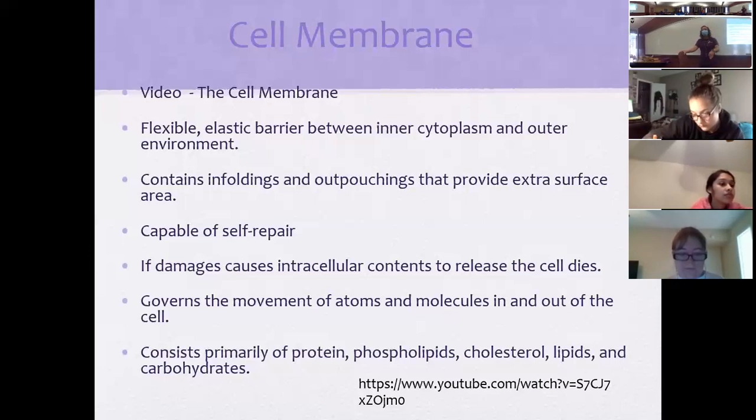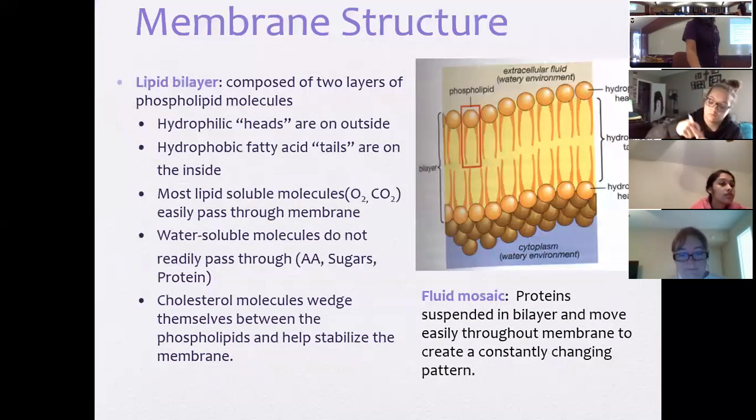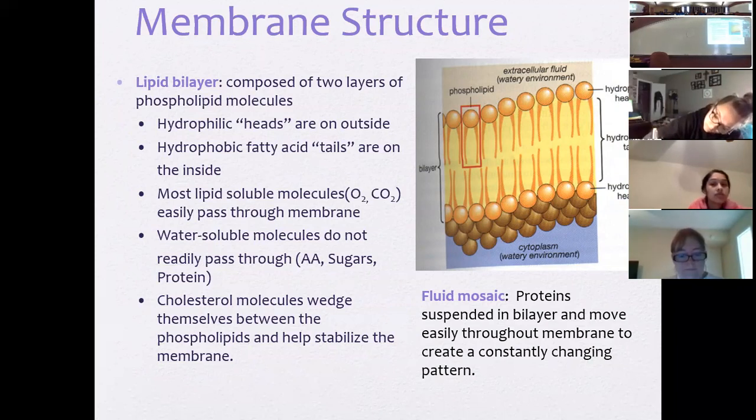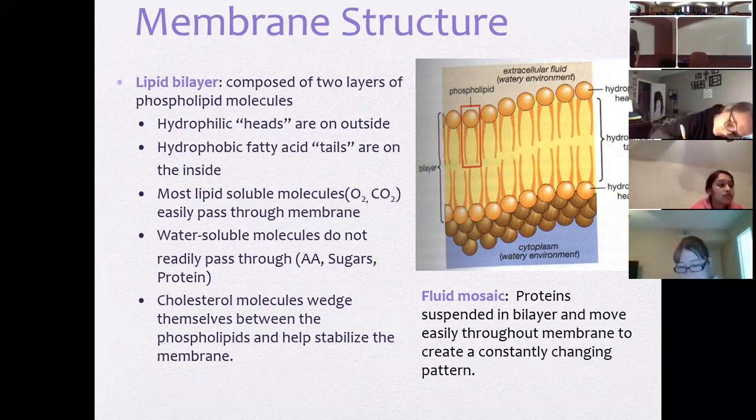Love a fight, terrified of a fight. So there's our hydrophilic heads on the outside, hydrophobic tails on the inside. Imagine here's my buffalo in a circle. Here's my hydrophobic tails. And it's this philic and phobic that regulates what can go in and out of the cell.